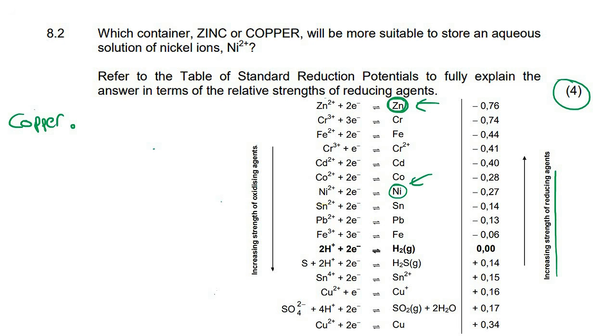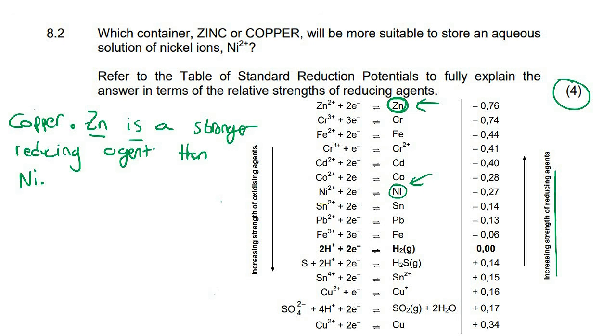It's going to be zinc. So we can say that zinc is a stronger reducing agent than nickel. That means the zinc will reduce the nickel. It'll cause this nickel to be in a reduction reaction, so it'll cause this reaction to go like that.